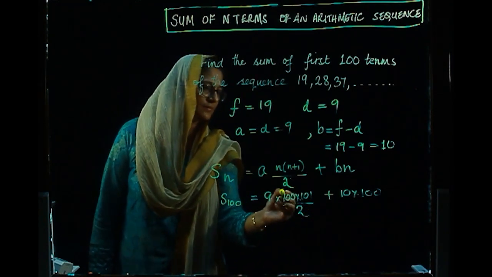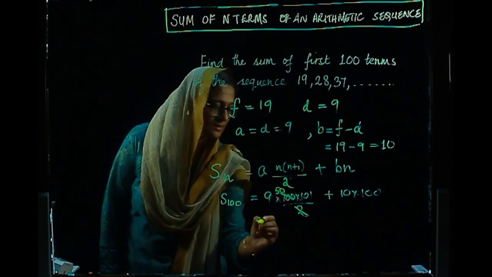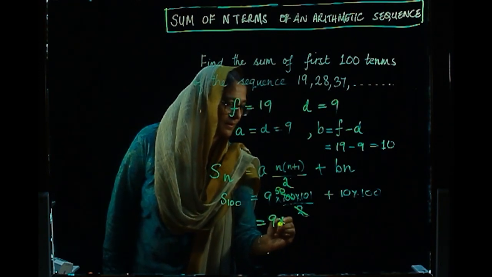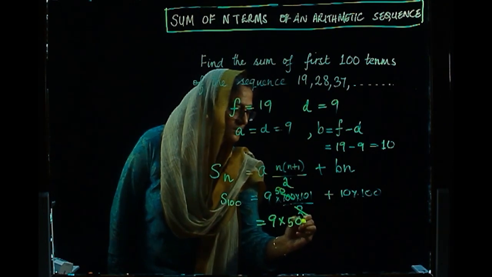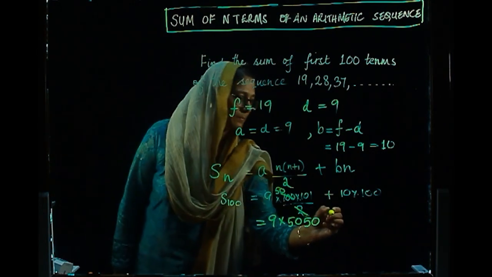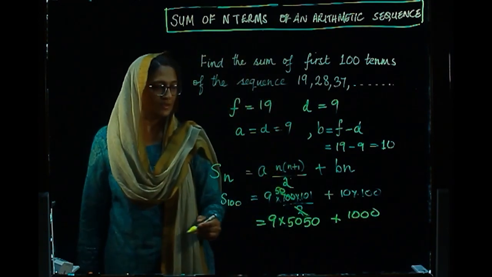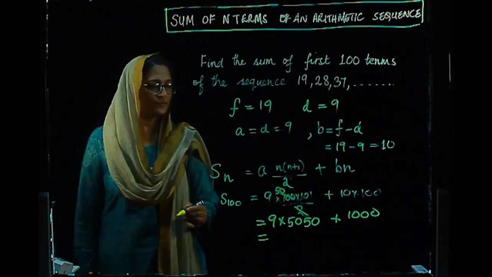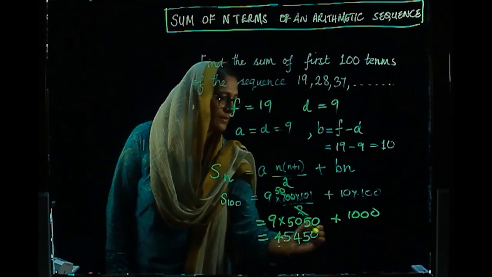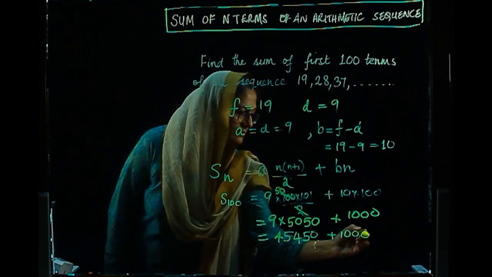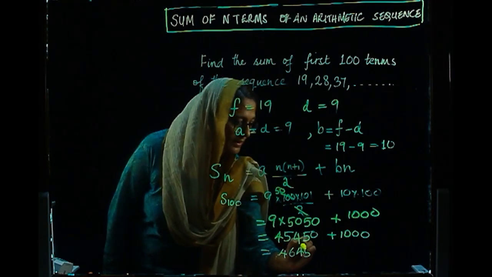Now we know that 100 divided by 2 is 50. So this is reduced to 9 multiplied by 50 multiplied by 101, that is 5050, plus 10 multiplied by 100 gives 1000. 9 multiplied by 5050 is 45,450, plus 1000, and finally we have the answer 46,450.